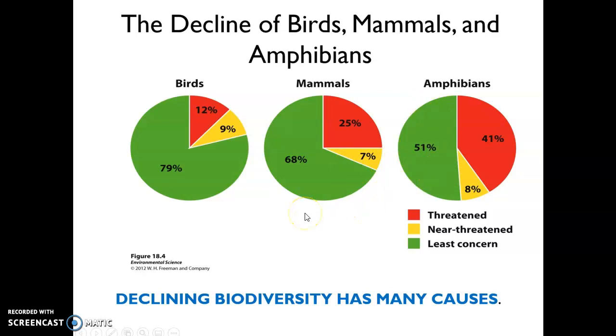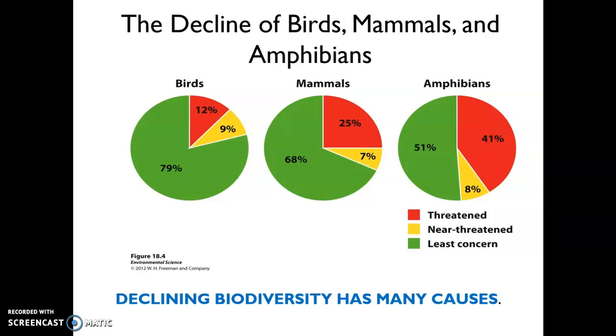If we look at it slightly differently, the threatened number of species among birds are 12%. It increases here to 25% with mammals, so 1/4 of all mammals are threatened. That's a significant amount. And then if we move here to amphibians, you see an even higher percentage. Over 40% of amphibians are threatened.